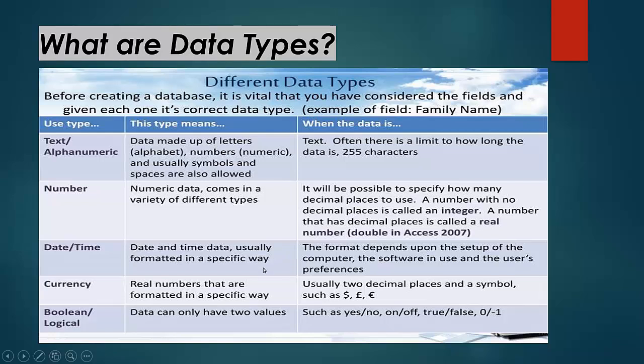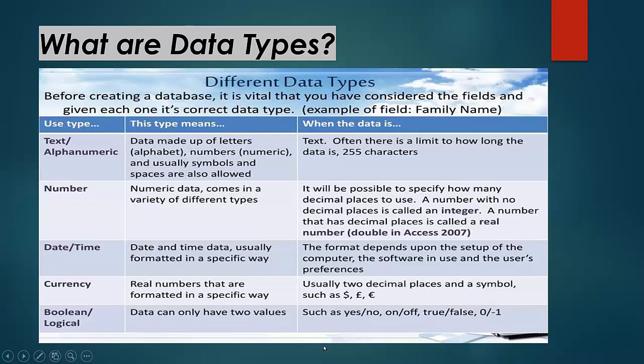Also we have currency, with all the symbols of currency, the dollar, euro, and other symbols. And also we have the Boolean, or logical. Boolean is data that can have only two values, either yes or no, on or off, true or false, and can also be 0 or -1.